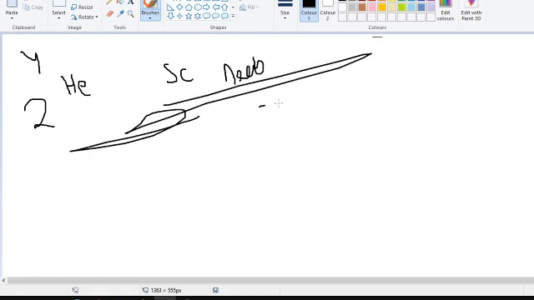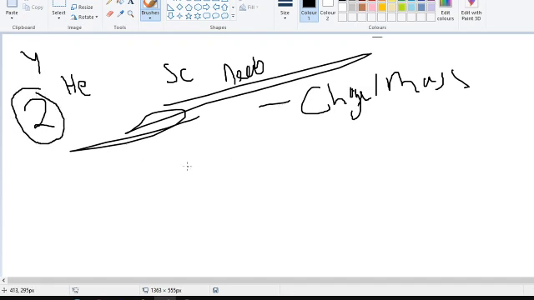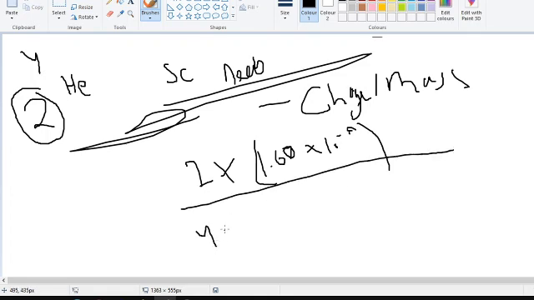First recall the formula: charge over mass. The charge would be the 2 protons, so 2 times 1.6 times 10 to the -19, whereas the mass would be 4 times 1.67 times 10 to the -27.